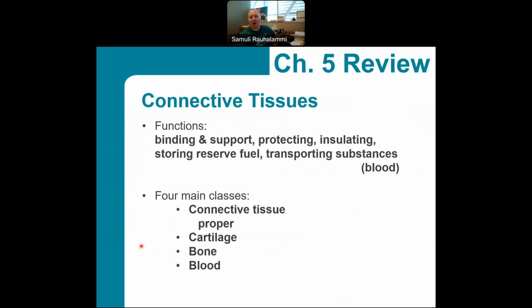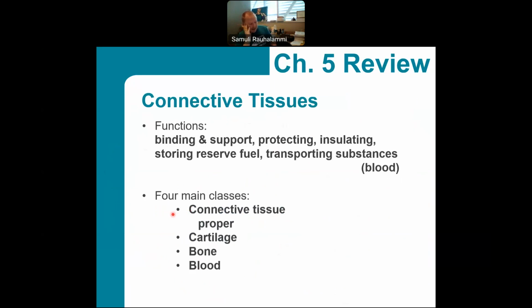There are really four main classes of connective tissues that I want to talk about: connective tissue proper, cartilage, bone, and blood. For some of the examples where we would see connective tissue proper, we can think of the lungs or fat cells, tendons, ligaments.